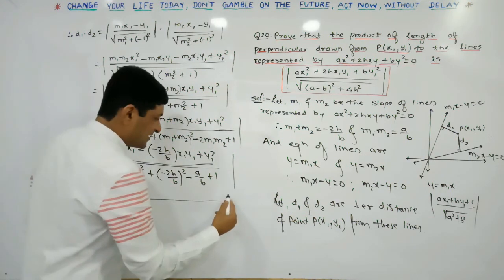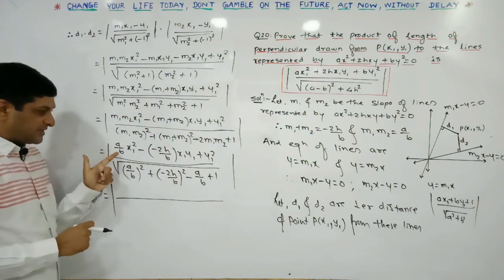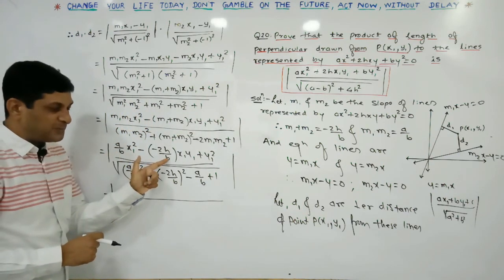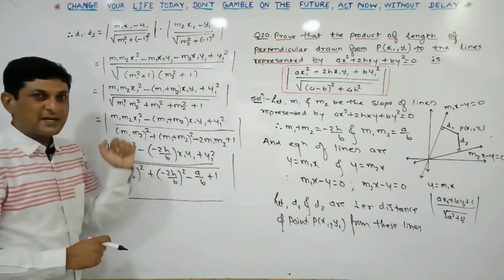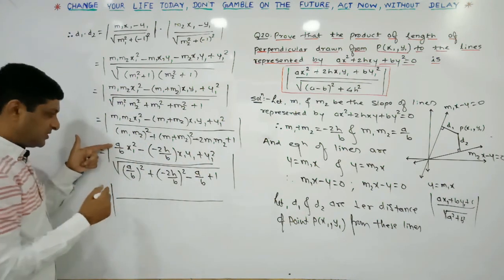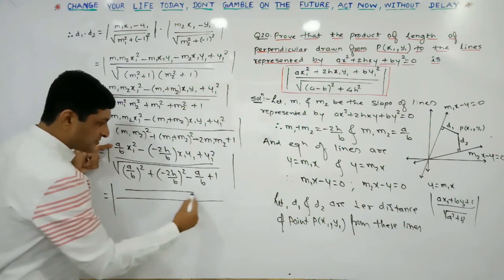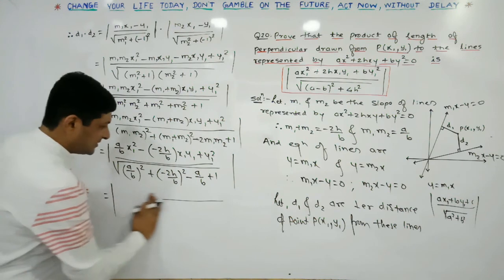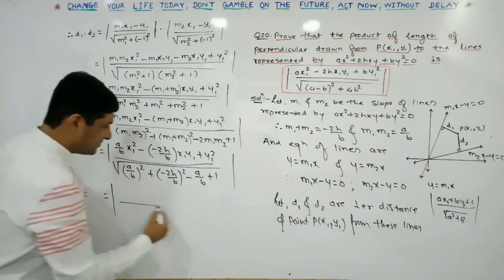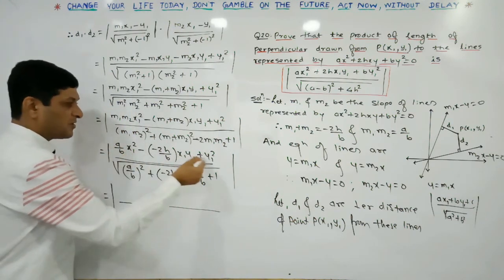Try to understand now. So here what is the denominator? B. Here also denominator is b. To arrange b in the denominator we have to multiply numerator and denominator by what? B. So here we are trying to arrange b in the denominator of all the terms.